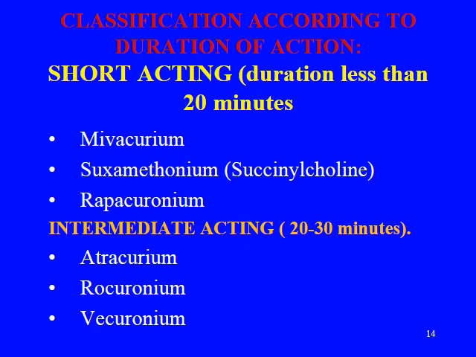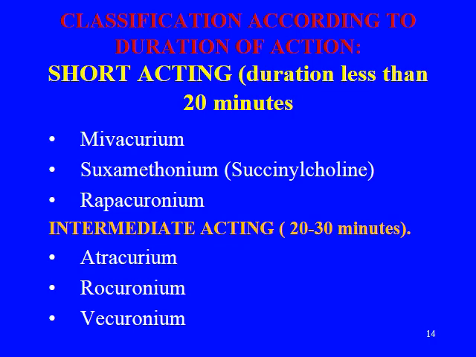We have made certain criteria: if the duration is less than 20 minutes, it is considered short acting; if the duration of action is between 20 to 30 minutes, it is intermediate acting; and if the duration of action is more than 30 to 35 minutes, it is considered long acting. The short acting category has mivacurium, succinylcholine, and rapacuronium.